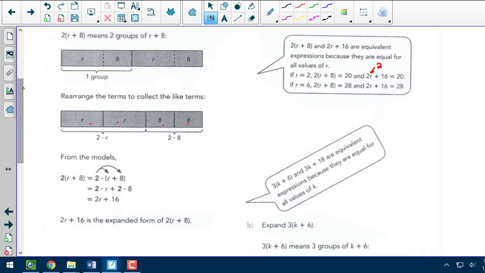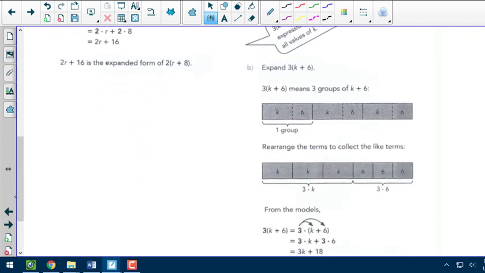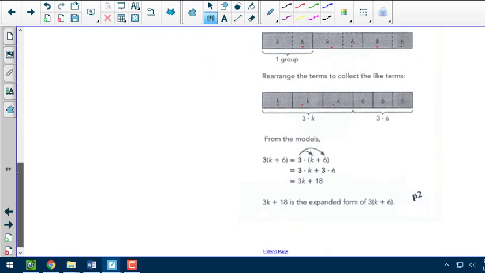the expressions. Letter B here says expand 3 times the quantity x plus 6. So 3 times the quantity x plus 6 means 3 groups of x and 6. So an x and a 6, an x and a 6, an x and a 6. Putting like things together, you get 3x's, and 6 plus 6 plus 6, or 3 times 6, is 18.